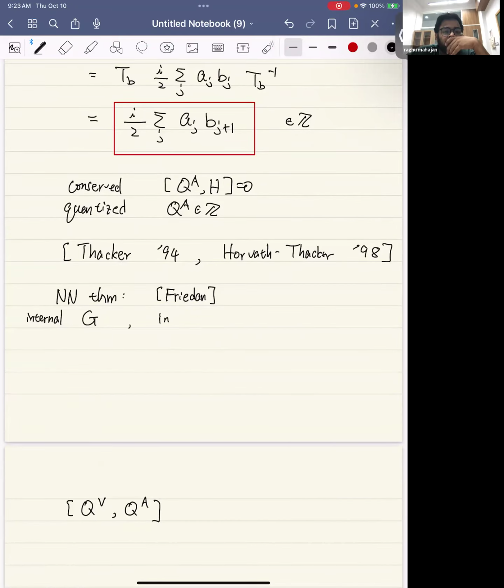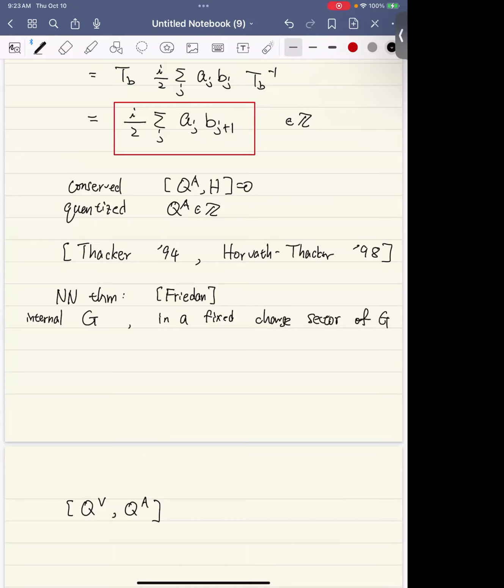Then in a fixed charge sector of G, the number of left-handed fermions has to be equal to the number of right-handed fermions.